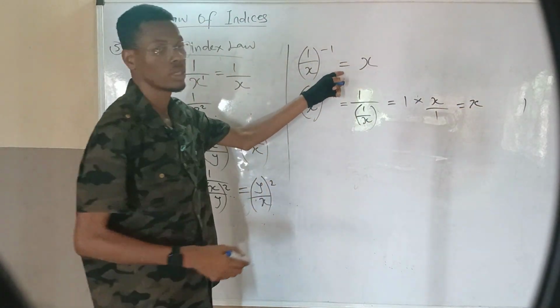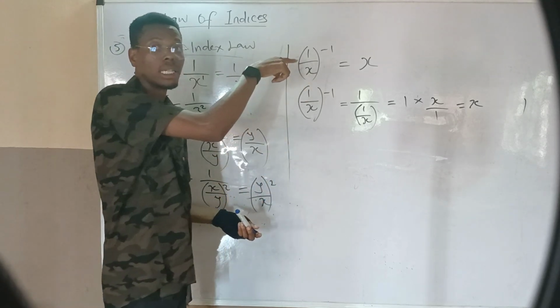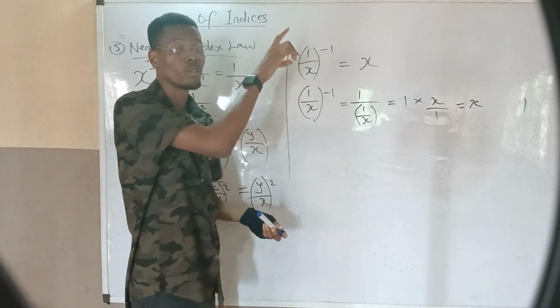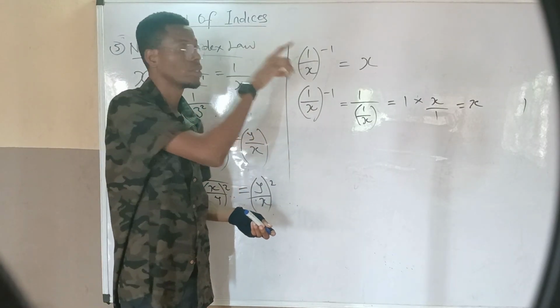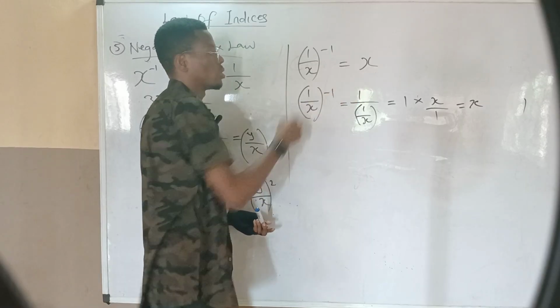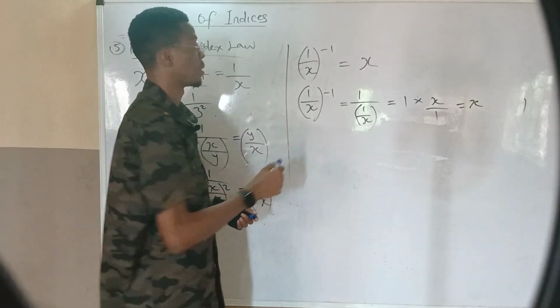This is how we got this. So whenever we have 1 over x, or 1 over a number like 2, 3, 4, raised to the power of a negative index of 1, you get the same thing as that particular base.